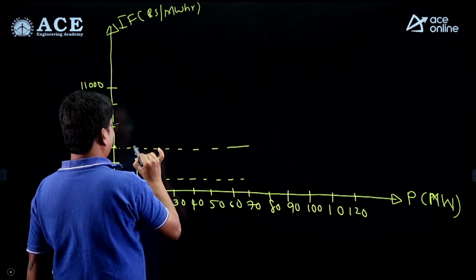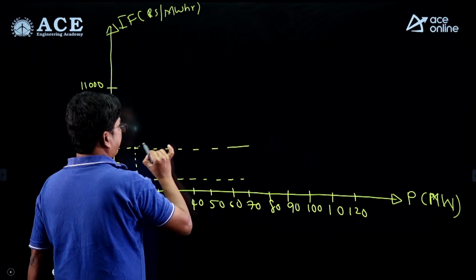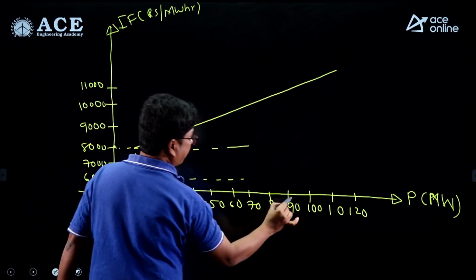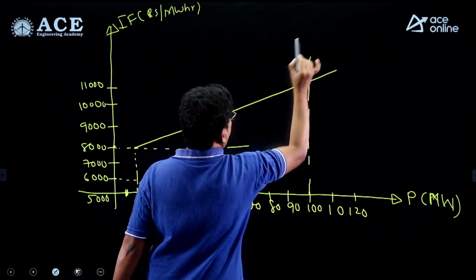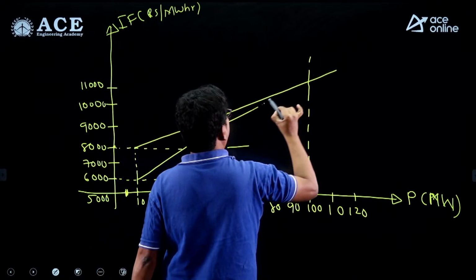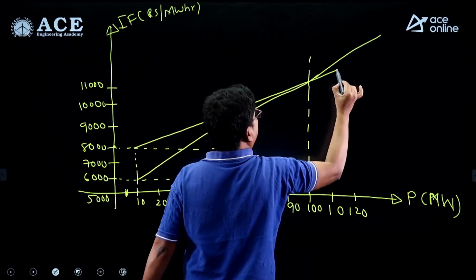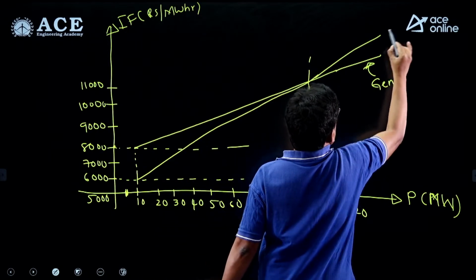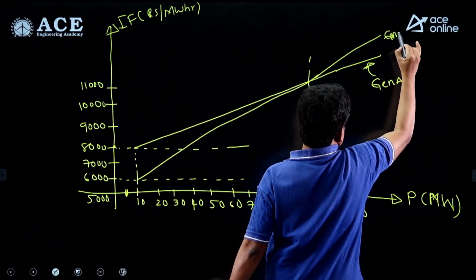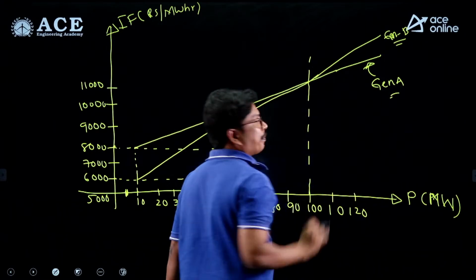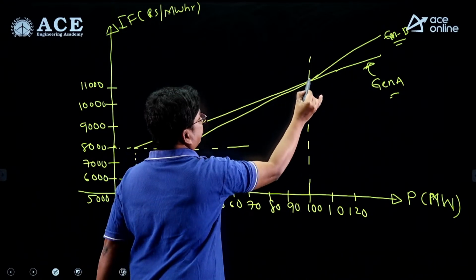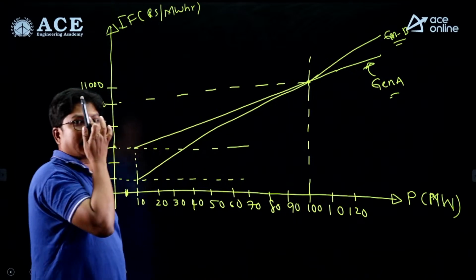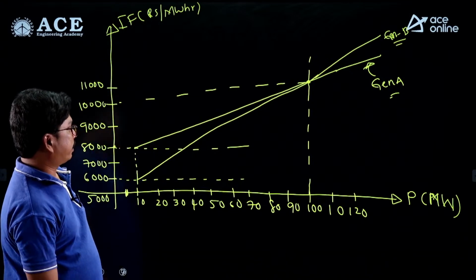This is generator A and this is generator B, and both meet at this point, which is equivalent to 10,000. That is the approximate graph sent by the students.